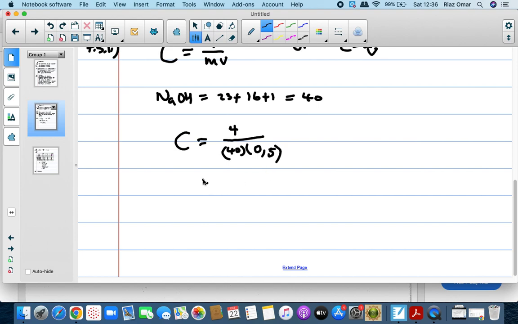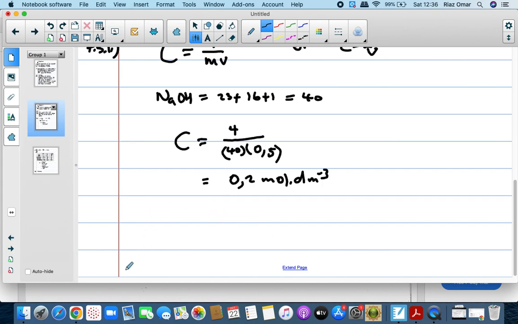And if you work it out, 4 divided by 40 times 0.5, that's 0.2 mole per dm cube. Alright, so that's how we can work out basically the concentration of our sodium hydroxide solution.